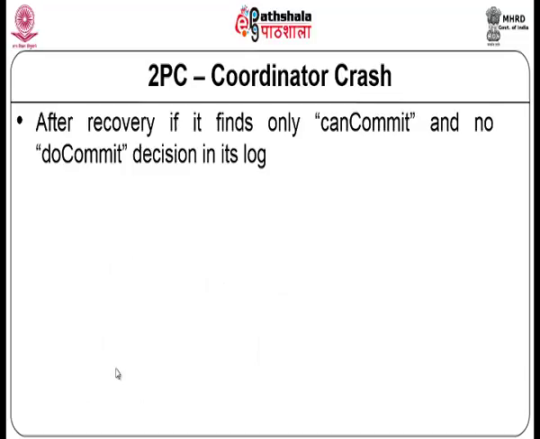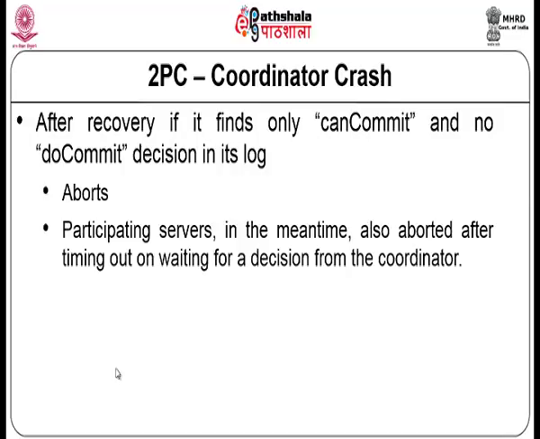Now, if it finds a CAN commit in its log, but does not find a do commit, which means that it may or may not have received all the yeses, what will it do? It will abort because some yes may have come, some no may have come, something could be on the way. Since the coordinator cannot determine whether all were yes or not, it takes a decision to abort.